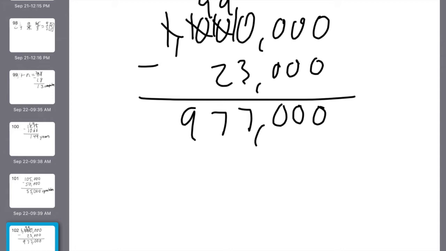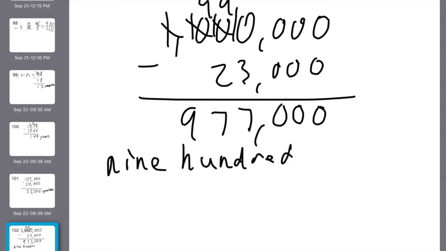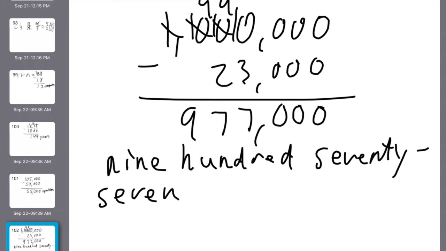Then it says use words to write your answer. So that is 900 seventy-seven. Don't forget your hyphen. What position is it in? It's in the thousands, so it's 977,000. The rest are zeros, so I'm done.